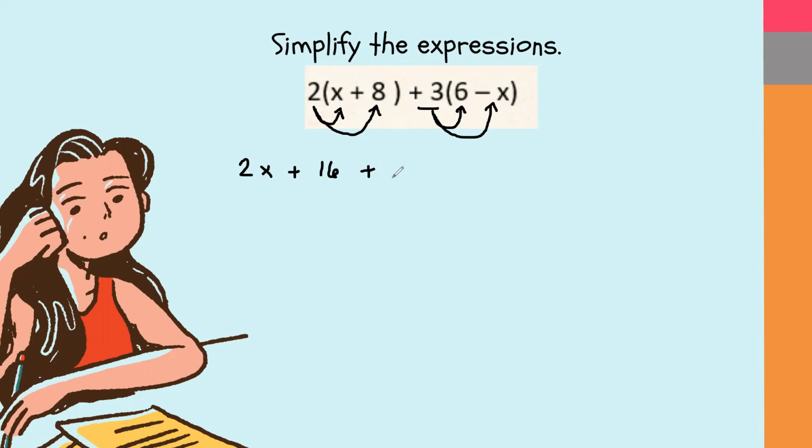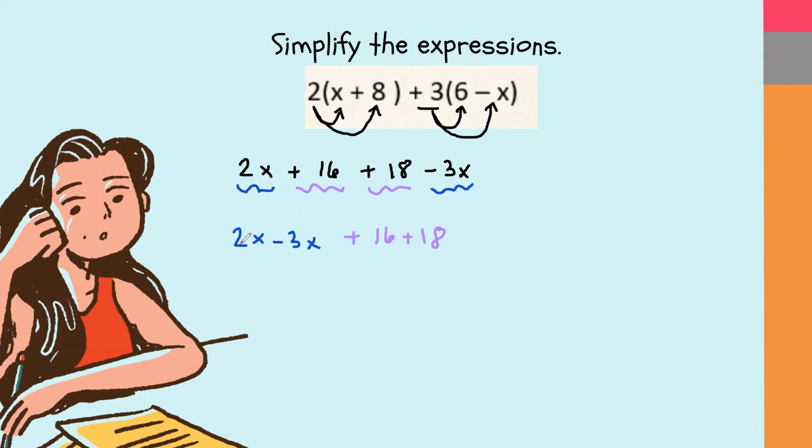So I would have positive 18 minus 3x. And now I combine my like terms. So I have 2x here, and I have a minus 3x here. So I would write those two next to each other. Then I have a positive 16 and a positive 18. So I would write those two together.